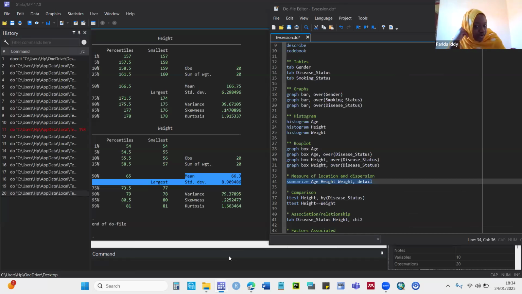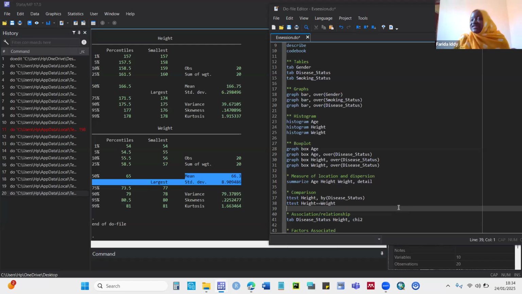So going back, before I go to objectives, because these are just preliminary or descriptive statistics, we then move forward to our objectives, whereby you may want to compare the height between those who are diseased and those who are not diseased, or compare diastolic and systolic between those who are diseased and not diseased.